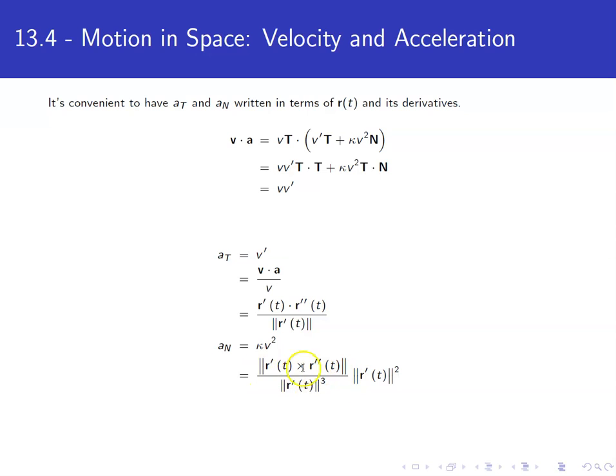Here's our formula for curvature in terms of r: it's the magnitude of r prime cross r double prime over the magnitude of r prime cubed. v was the magnitude of r prime, so v squared is the magnitude of r prime squared. Simplifying, we get the magnitude of r prime cross r double prime over the magnitude of r prime.